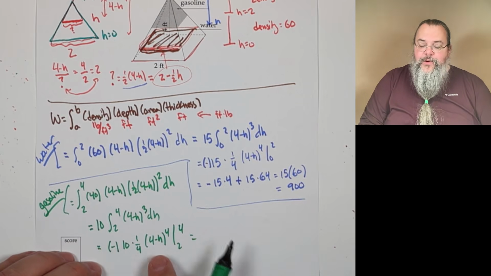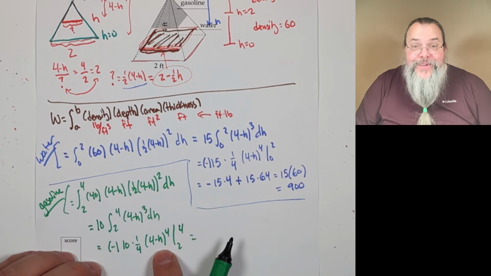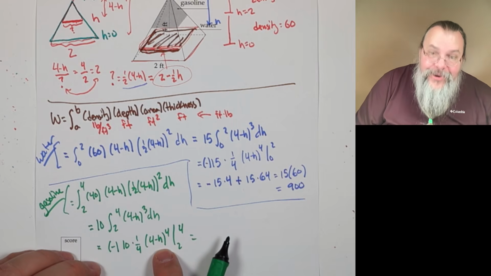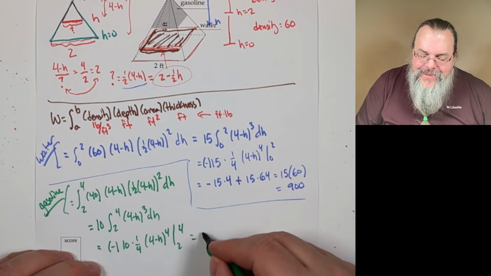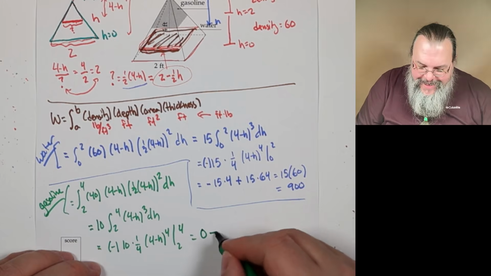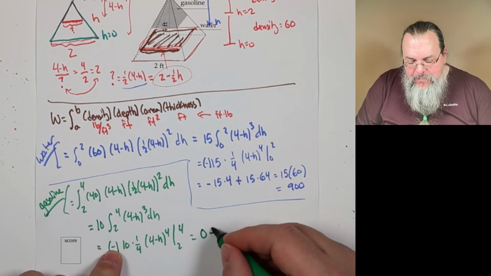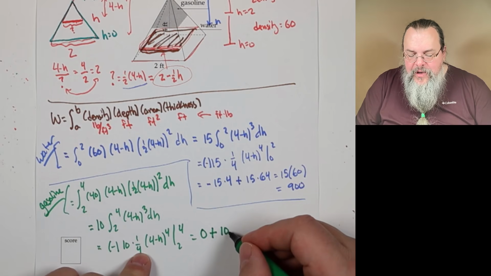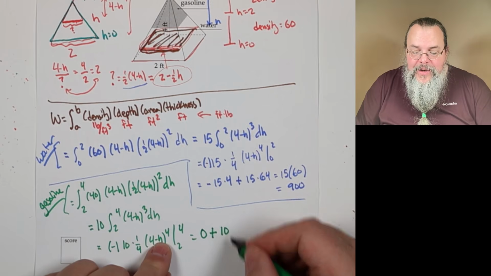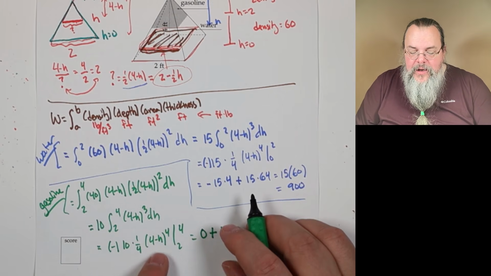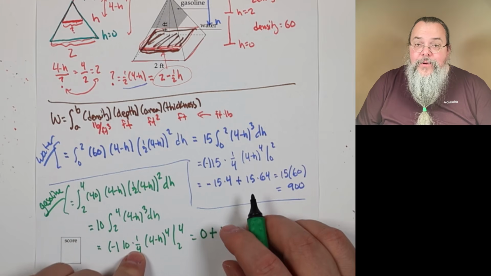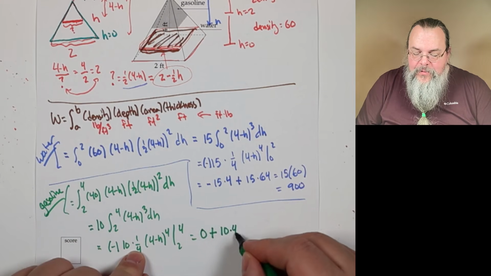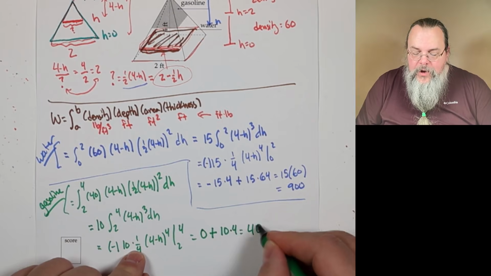When you plug in 4, though, what do you see? 4 minus 4 is 0, so we get a 0. Subtract. But there's a minus, makes it a plus. Then we have 10 times 1/4 times 2 to the 4th. Well, 2 to the 4th is 16 times 1/4 is 4. So 10 times 4 equals 40.